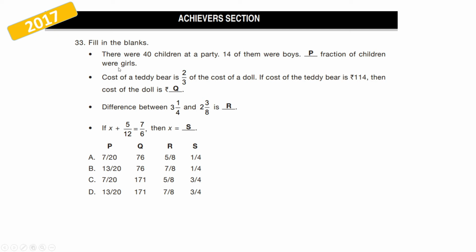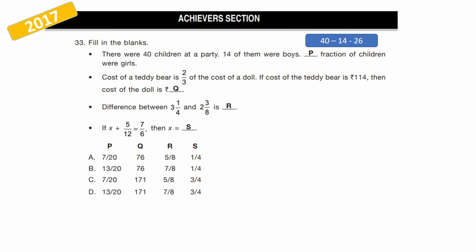So let's read the first statement. It says there are 40 children at a party, 14 of them are boys. So what is the fraction of girls? Now if 14 are boys out of 40, the girls would be 40 minus 14, which is 26.